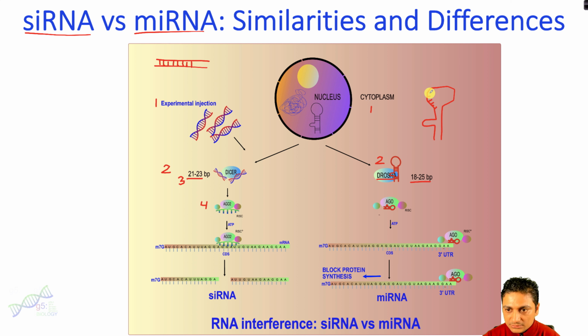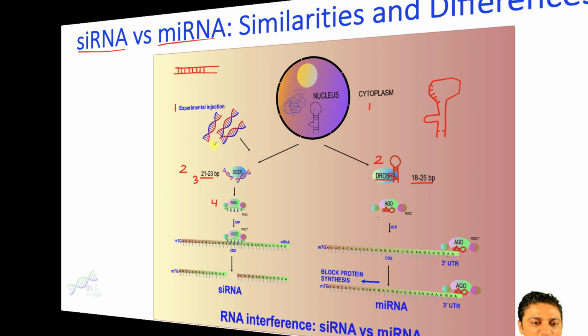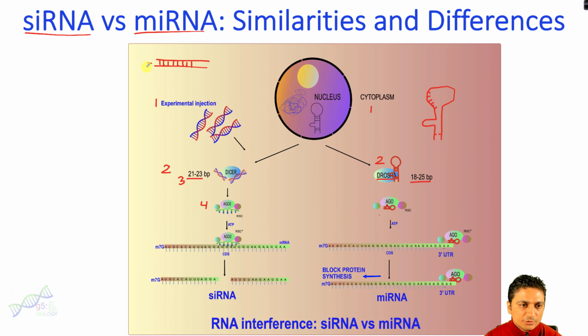So what happens when there are complementary bases? They pair to each other and they form a heteroduplex system, while in siRNA there is a single duplex system. So this is going to be the fifth difference between siRNA and miRNA.